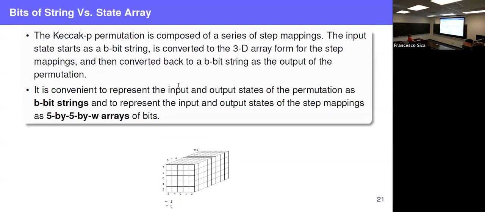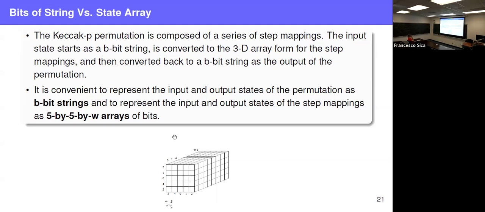Keccak works on a 3D array, as you can see here. For SHA-3, we use a 1600 bit state represented as a 5 by 5 by 64 array. We convert back and forth between a linear string and this 3D array in string processing.